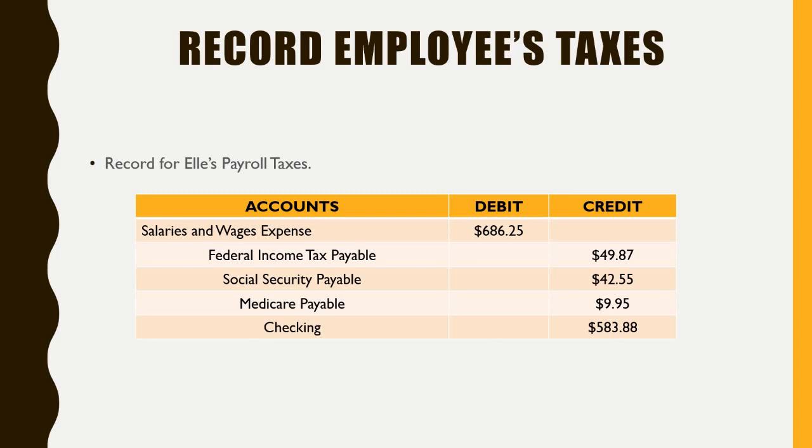However, we've already calculated the federal income tax withholdings, which was $49.87. We also need to calculate the FICA tax, which right here is $42.55 for the Social Security. And then Medicare was $9.95.